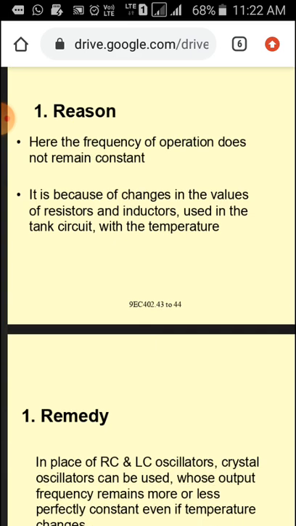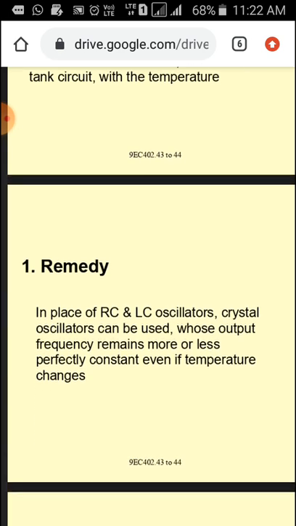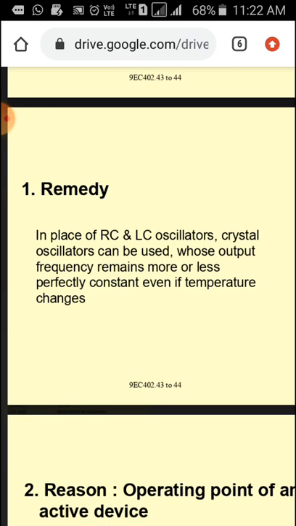It is because of changes in the values of resistors and inductors used in the tank circuit with temperature. Remedy: in place of RC and LC oscillators, a crystal oscillator can be used, whose output frequency remains more or less perfectly constant even if temperature changes.